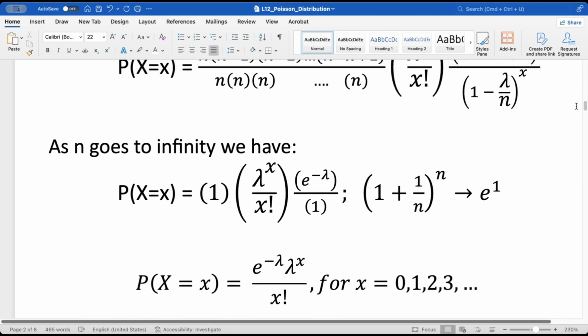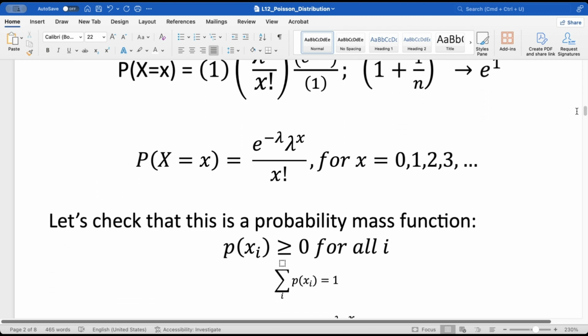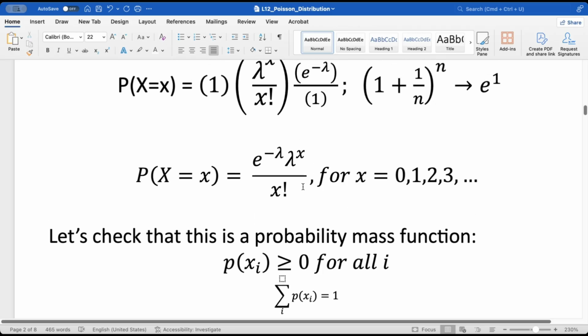And now we'll justify that it satisfies the conditions of a PMF: that all the terms are greater than or equal to 0, and the sum of the probabilities is 1. Now, e is a positive number, raised to any power is positive. Lambda is a constant raised to a power of the form 0, 1, 2, 3.